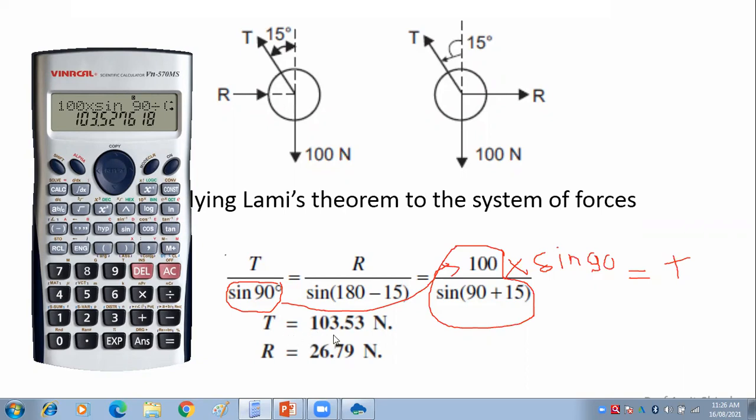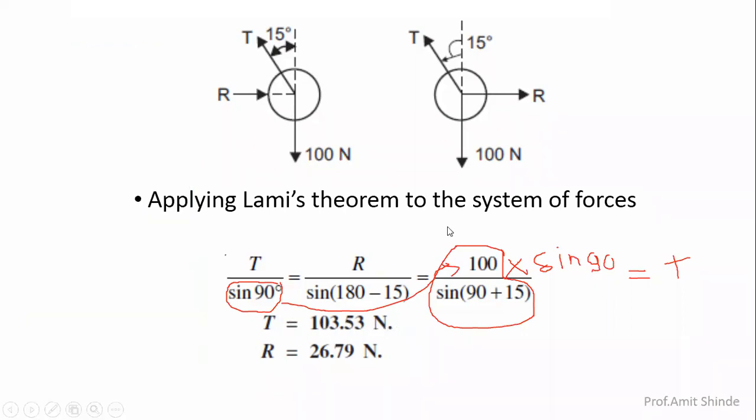So T is 103.53 Newton. By using Lami's theorem, we have found the tension in this string. Now similarly, we have to find the resultant or reaction R. To find this reaction R, again simplify this term.